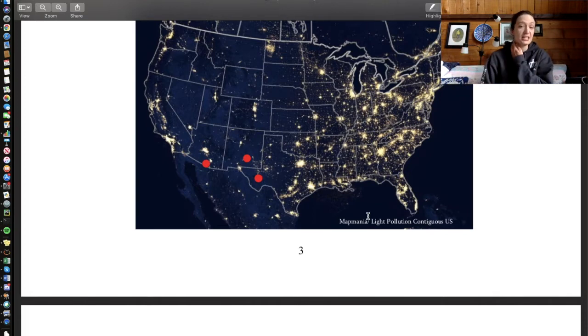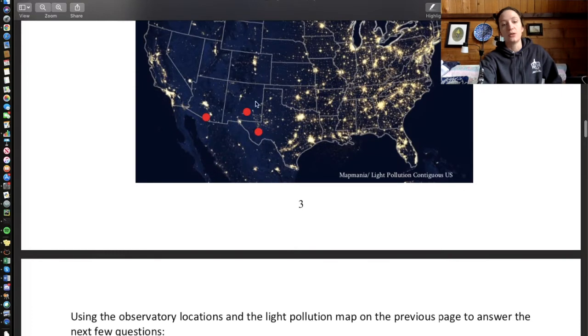There are tons of cities, there are tons of people living there, so there is tons of light pollution. So just so you know, you will almost never find a really well-known, renowned telescope or observatory on the East Coast. So why are these observatories located where they are?